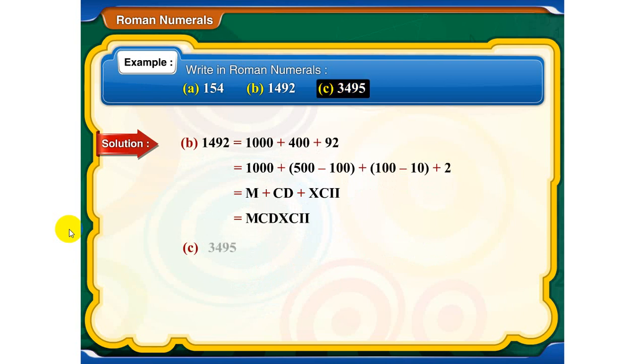C. 3495 is equal to 3000 plus 495, which is equal to 3000 plus 500 minus 100 plus 100 minus 10 plus 5.